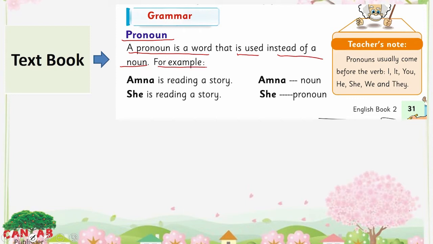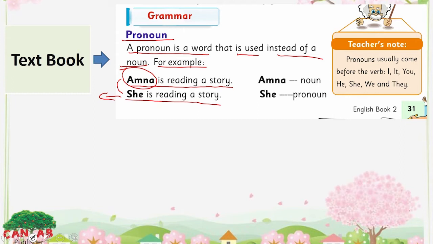For example, here Amna is reading a story. Here Amna in this sentence is a noun, is a person here. And look here, the second sentence, she is reading a story. This sentence is about Amna.